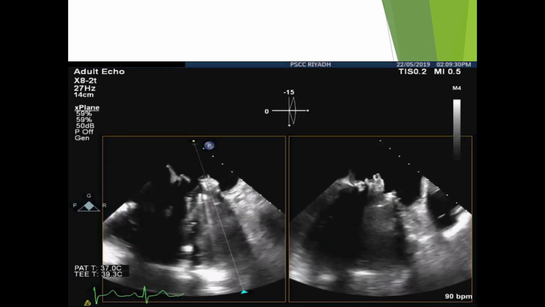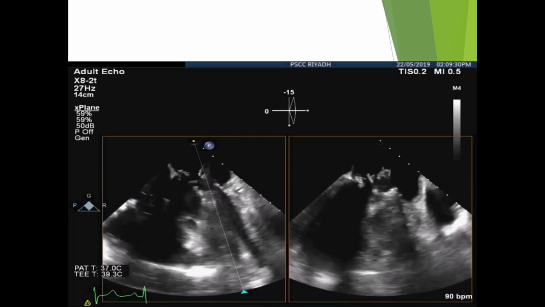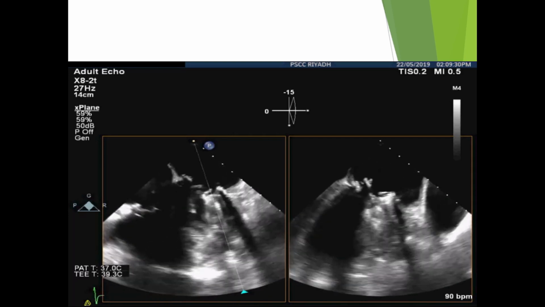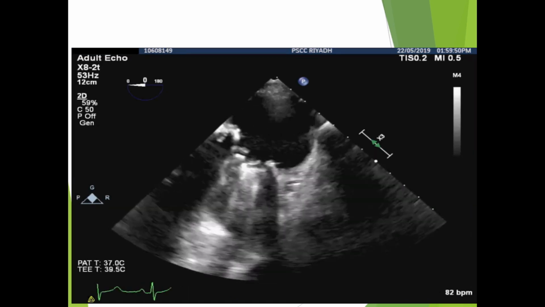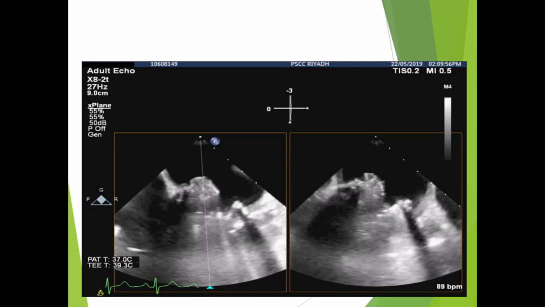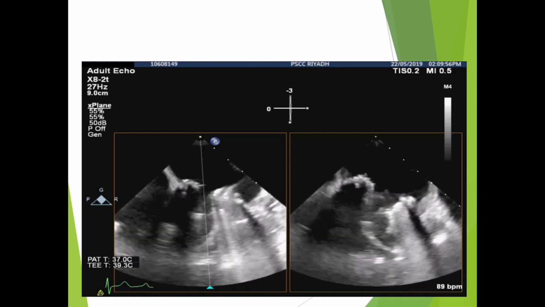So all acrobatic maneuvers done by this device, but fortunately it cannot embolize here and there, up and down, going through the disc.